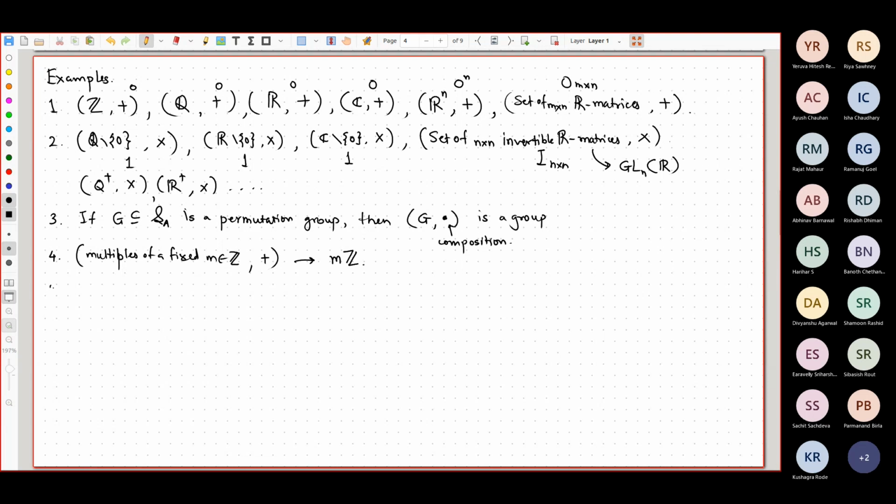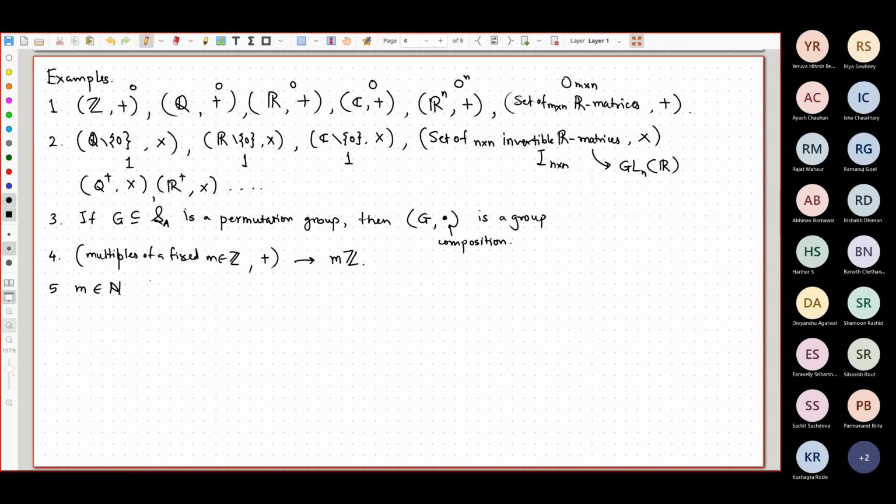What else? Divyanshu, you're saying something probably. Right. So what about the set? Suppose M is some natural number.